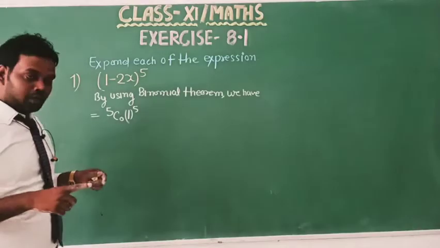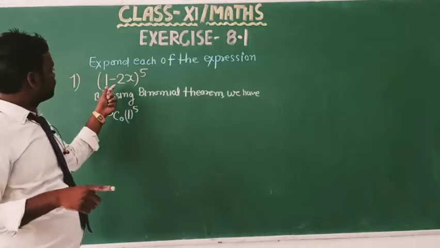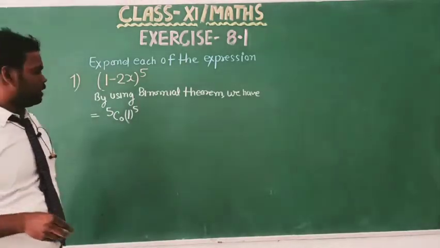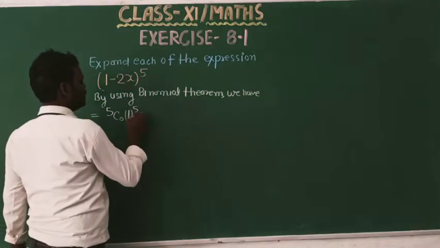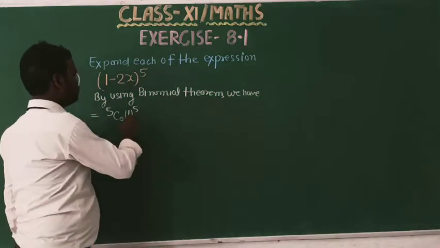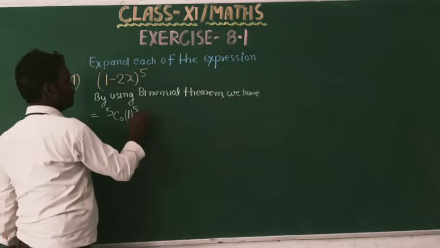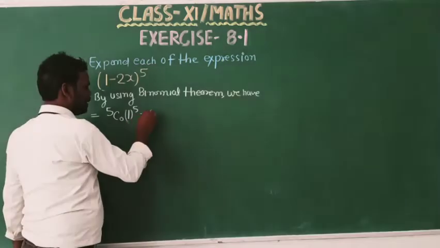Okay, the value of anything to the power 0 is 1, so we need not write the second term over here.